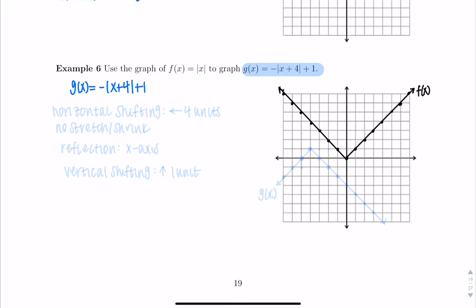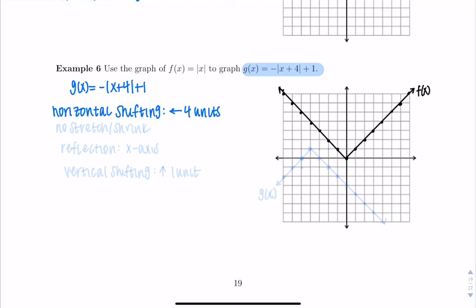So first is horizontal shifting. So we have x plus 4, which means I'm going to move it to the left 4 units. Then becomes stretching and shrinking. So we don't have a number that is manipulating the x or the entire thing.